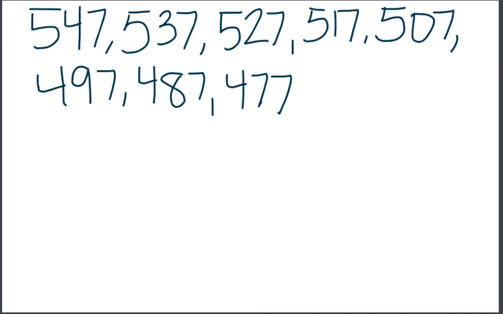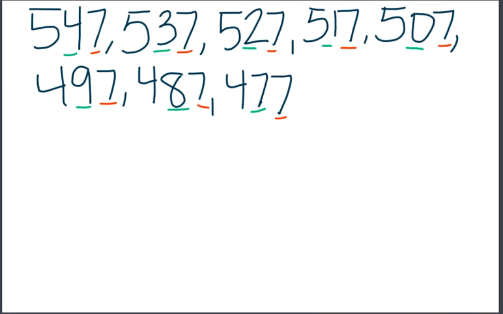How about the ones digit stays the same? 7, 7, 7, 7, 7, 7, 7, 7. And how about the tens digit? This time, since we're counting backwards, the tens digit goes down 1 at each count. 4, 3, 2, 1, 0, no tens. 9, 8, 7.